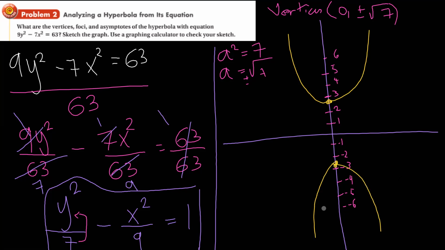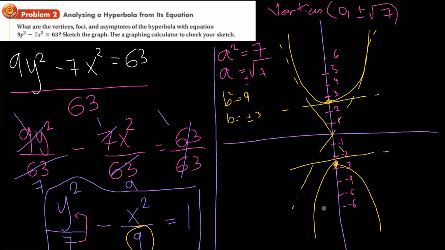Now, A squared is 7, B squared is 9. From here, B is positive negative 3. So here we have the asymptotes, as we said.